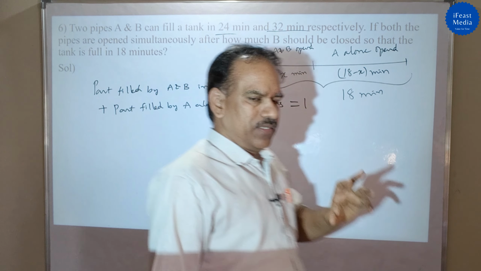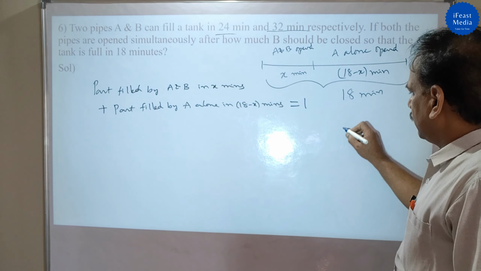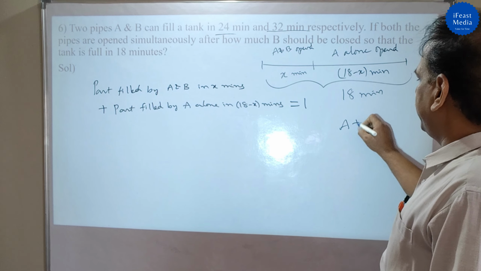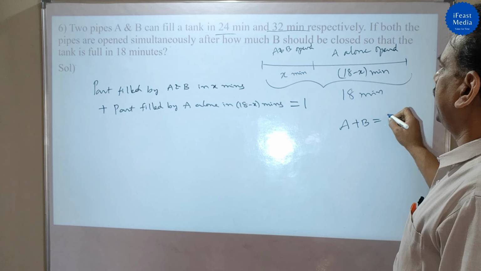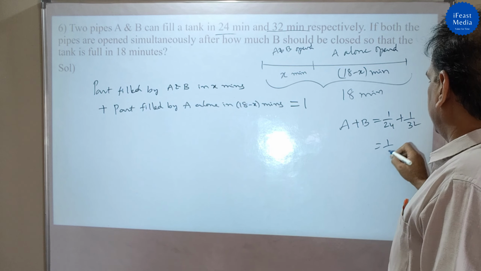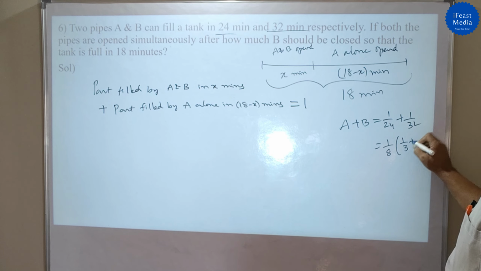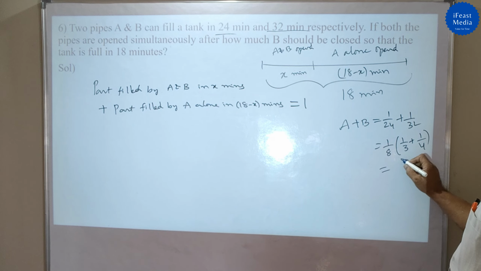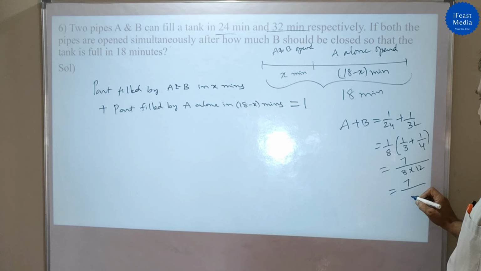Let us find it for 1 minute first. What is the part filled by both A and B in 1 minute? That is A plus B: 1 by 24 plus 1 by 32, which is 7 by 96.